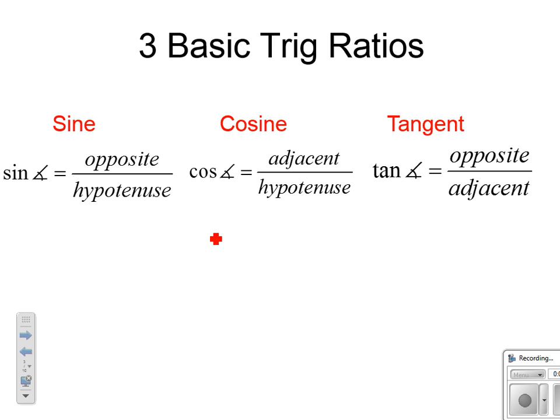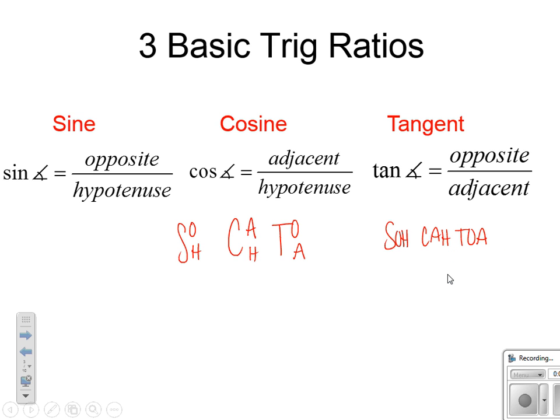The mnemonic I use is SO, CA, TOA. And if you notice, I do SOH where O is above H, so I remember that that's a division happening. Your teacher in geometry last year might have done SOHCAHTOA this year, like this, and that is perfectly fine, but it is kind of misleading that the opposite and the hypotenuse get multiplied together.